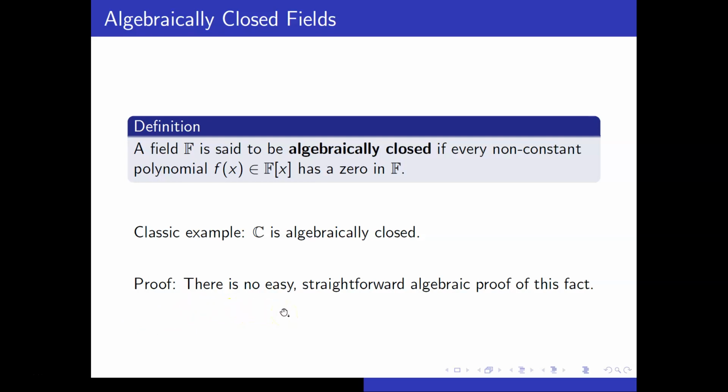It takes a lot of machinery to put together in order to get the result out. The other thing that makes it very difficult to prove algebraically is that C contains the real numbers. The real numbers are an analytic object.